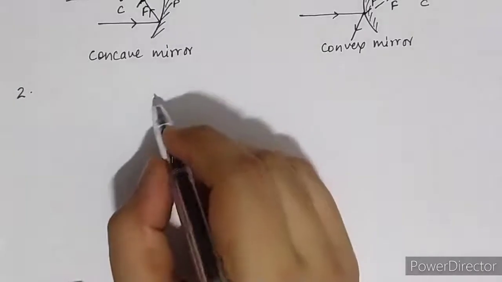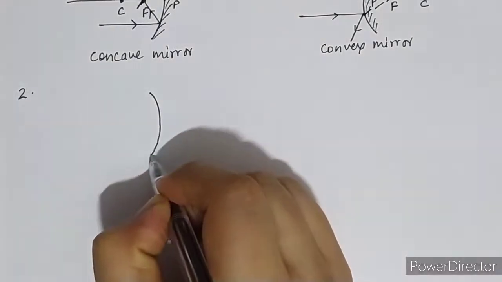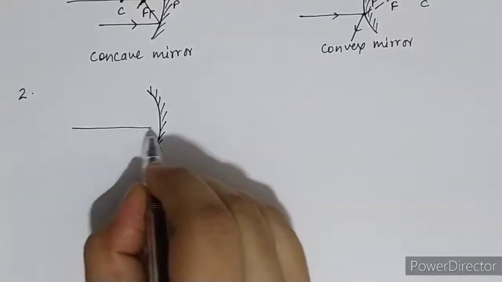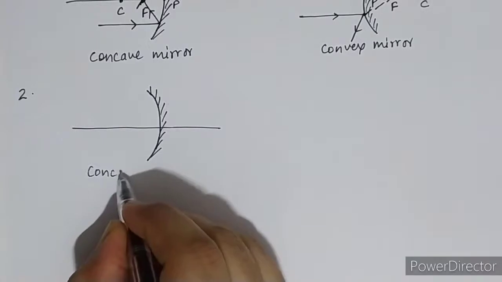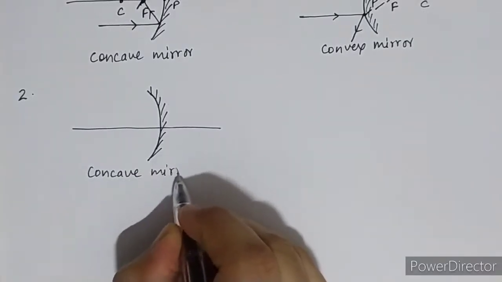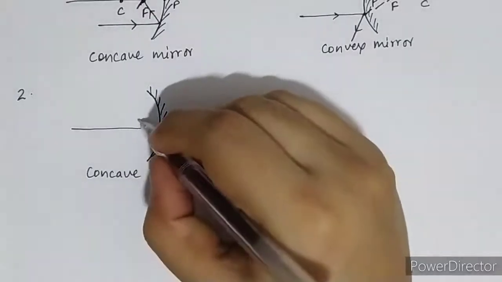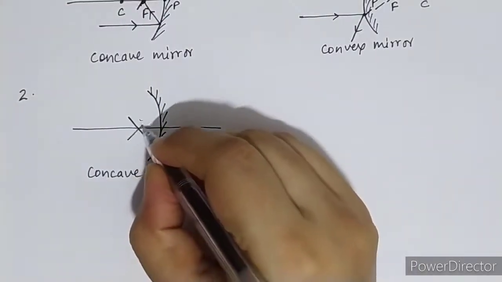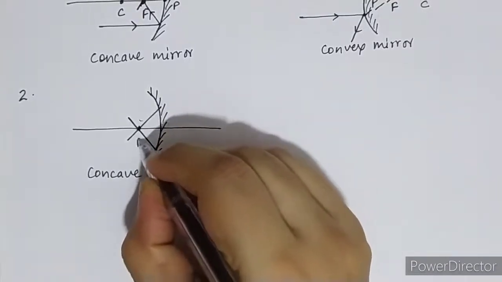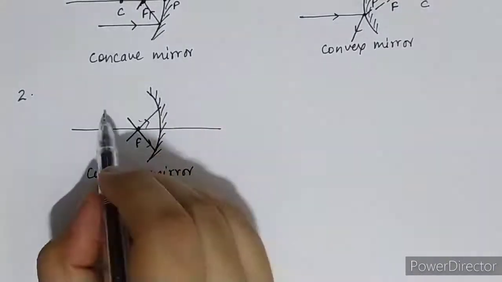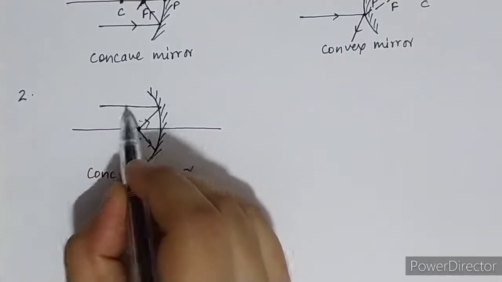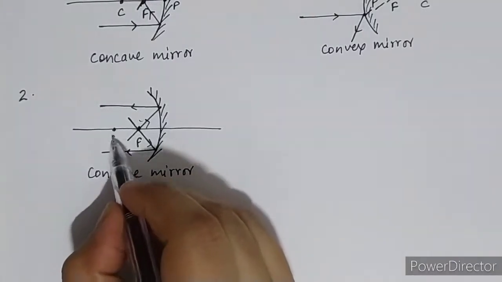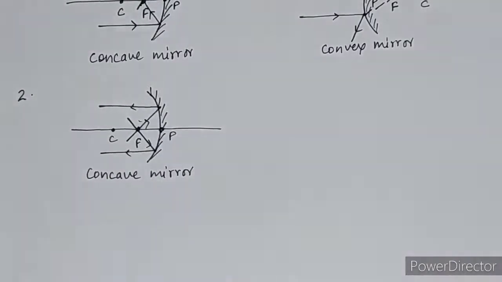So for this one, again I am drawing the concave mirror, polished, principal axis. When the light rays are coming from the focus point, this is your focus point, they become parallel to the principal axis after reflection, with the center of curvature and the pole.